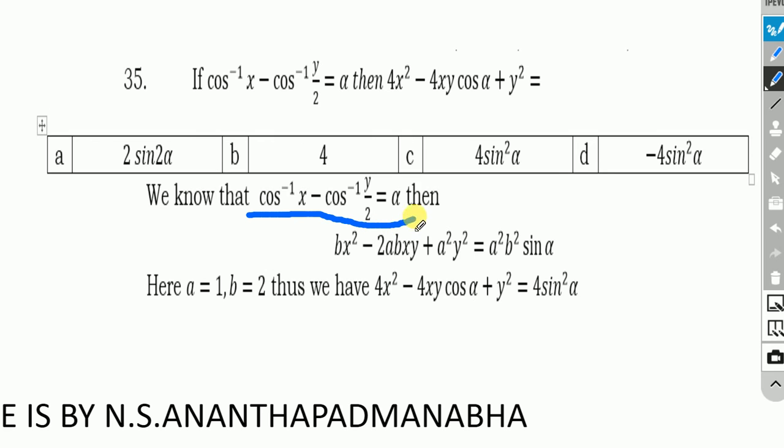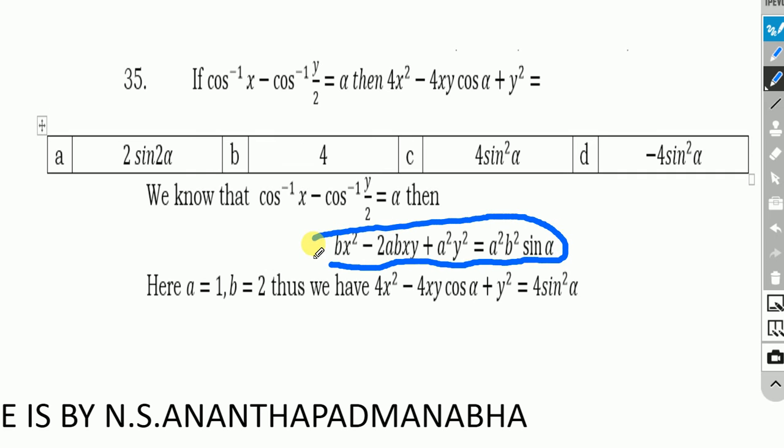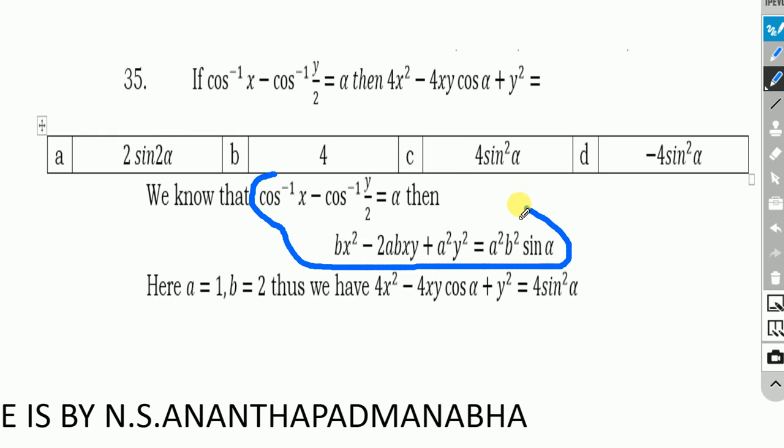If we have cos inverse of x by a minus cos inverse of y by b is equal to alpha, then b square x square minus 2abxy cos alpha plus a square y square is equal to a square b square sin square alpha. So let us use this as a formula. So you can compare here.